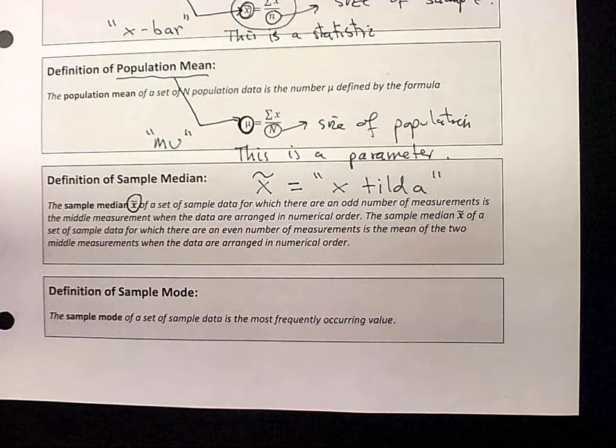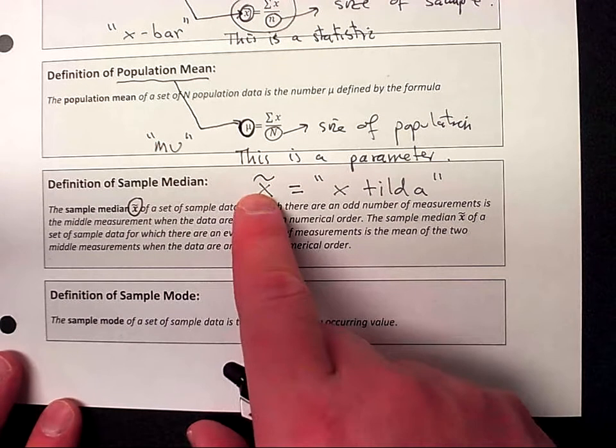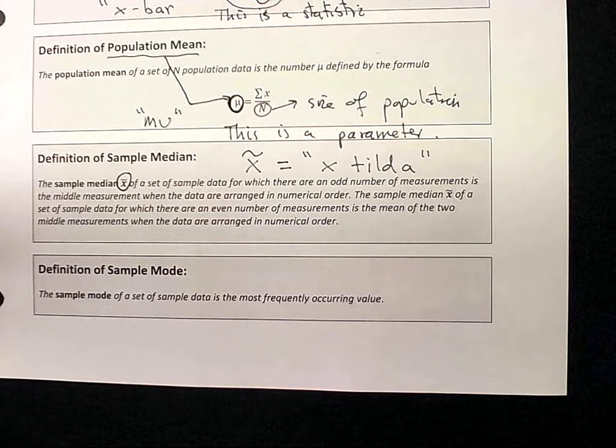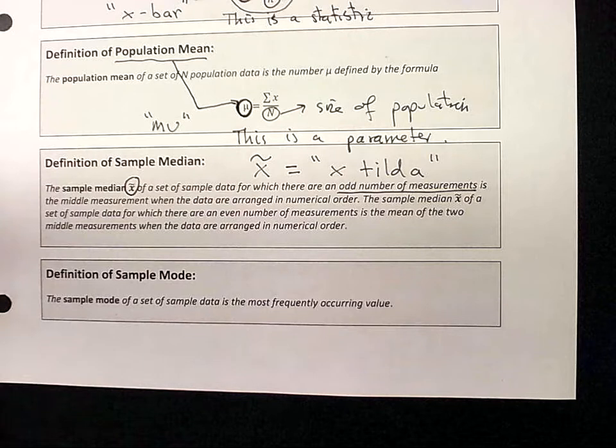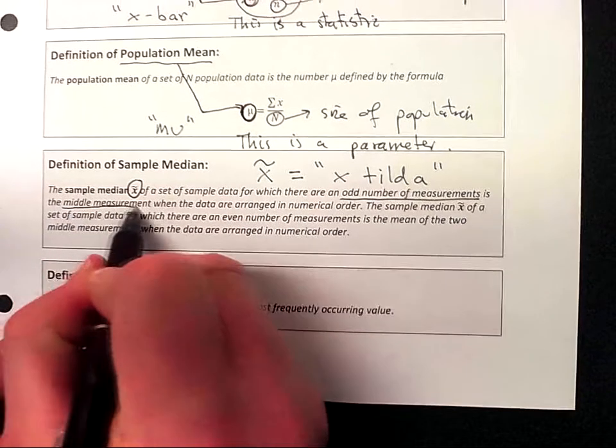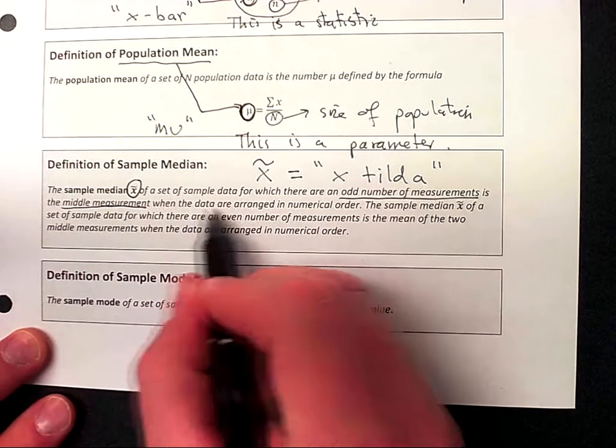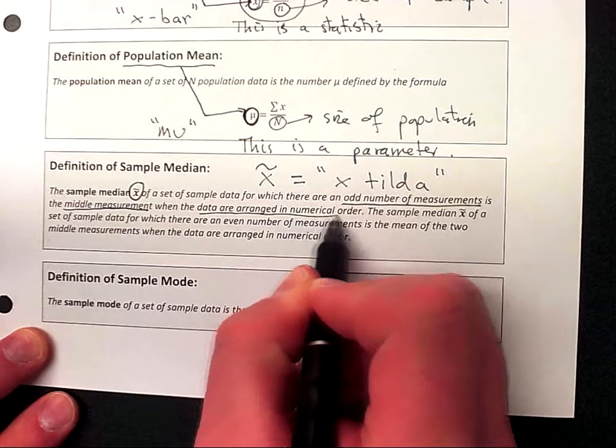So obviously, it's not super important to remember that it's called X tilde, but it is important that you guys understand what the sample median is. So let's talk a little bit about the sample median. The sample median X tilde of a set of sample data for which there are an odd number of measurements is the middle measurement after the data are arranged in numerical order.